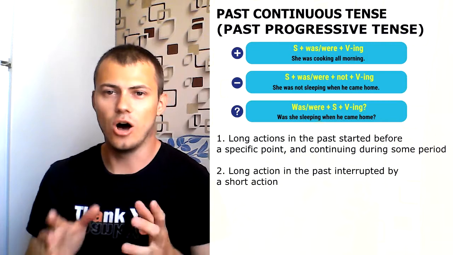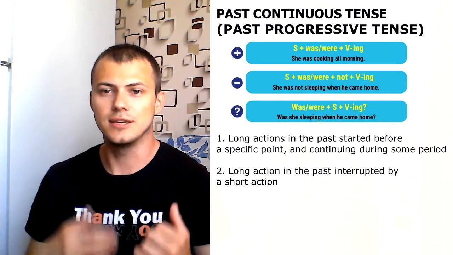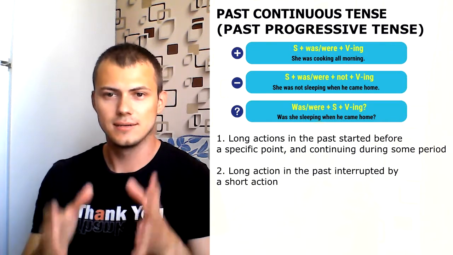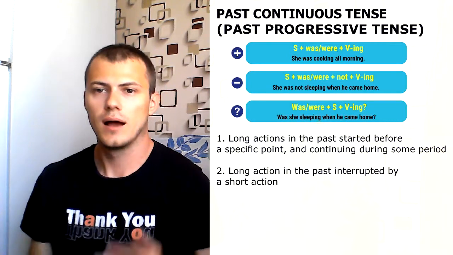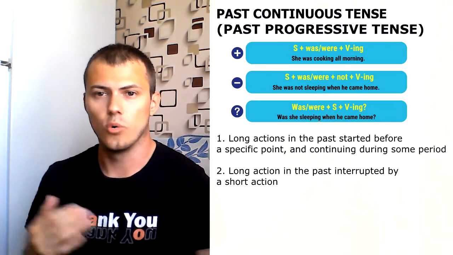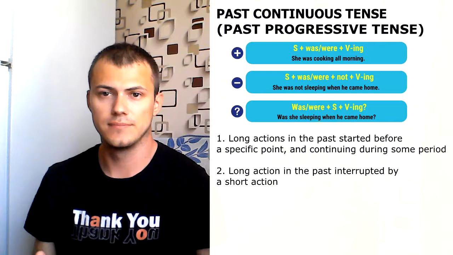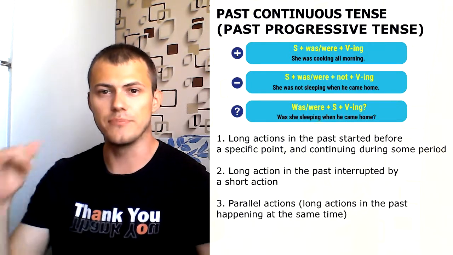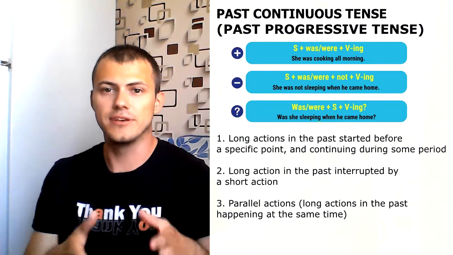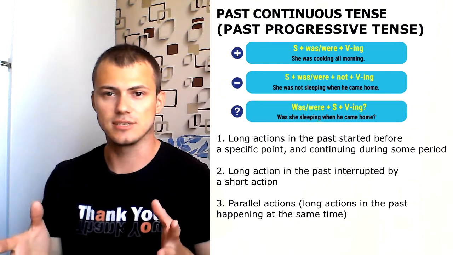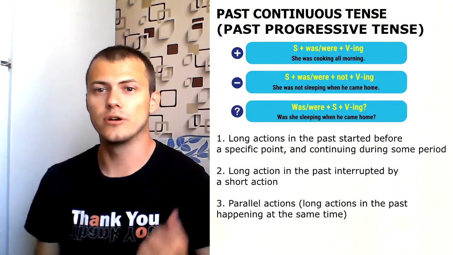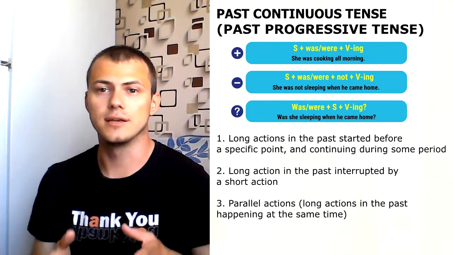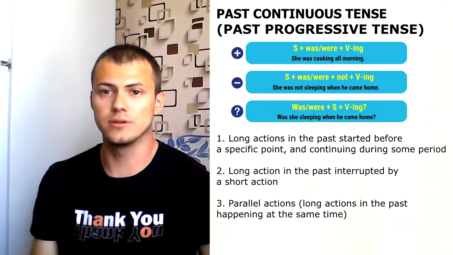Second, long actions in the past interrupted by some small action. I was drinking coffee when my phone rang. Third, several actions in the past happening at the same time, parallel actions. They were drinking beer when they were watching a soccer game.